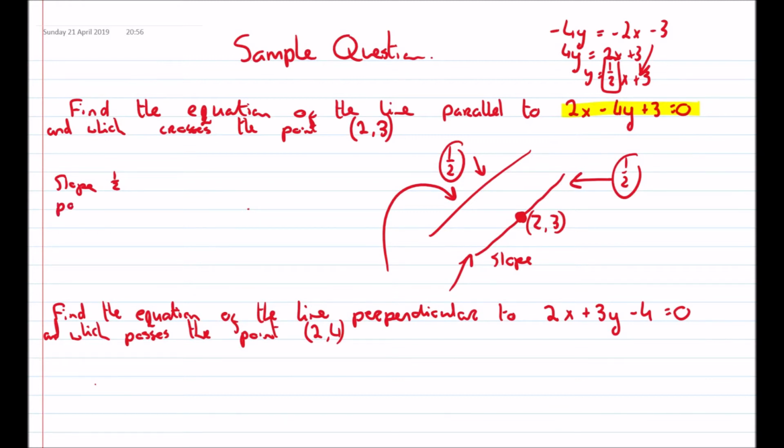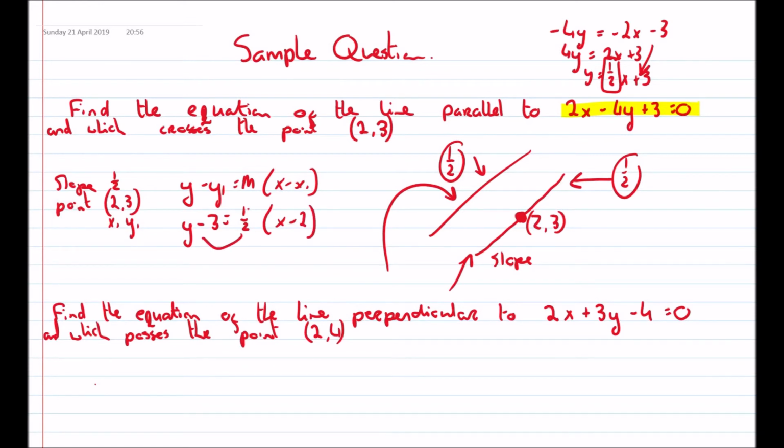And the point is (2, 3). So quickly, y minus y1 equals m times x minus x1 is the formula. x1, y1, label our points. y minus 3 equals a half x minus 2.